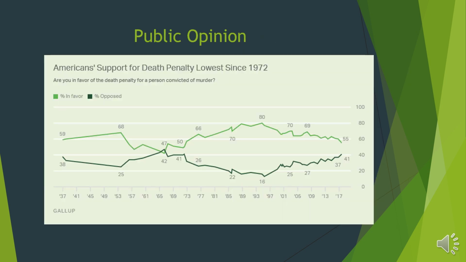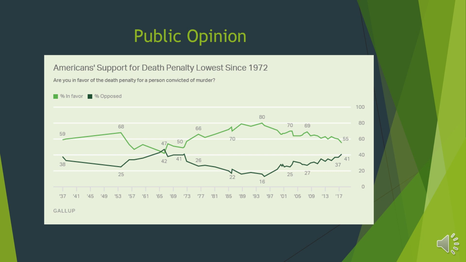Next, we can think about it empirically, and we can think about issues like public opinion. Since 1972, we can see that there's been probably the biggest drop and the lowest amount of support in support of the death penalty, based on the question: are you in favor of the death penalty for a person convicted of murder? This is a Gallup poll, by the way.